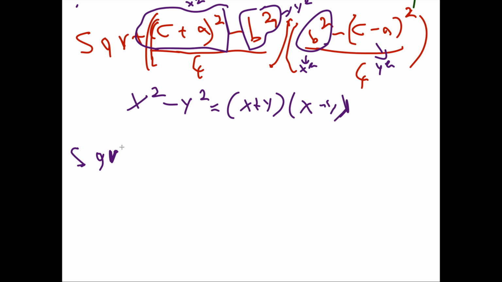square root of, oops, not equals, that's wrong. Okay, square root of, and if we do this thing again, so if this is x here, we get, well, we can get c plus a, and then here's going to be y, so y is b, so plus b here, right?